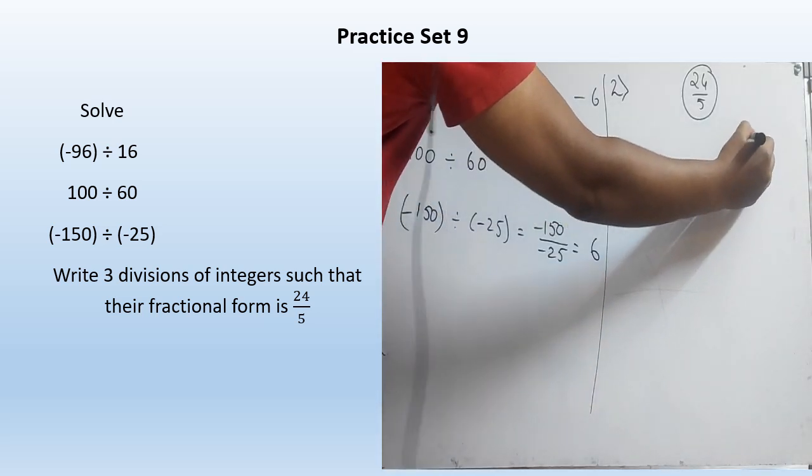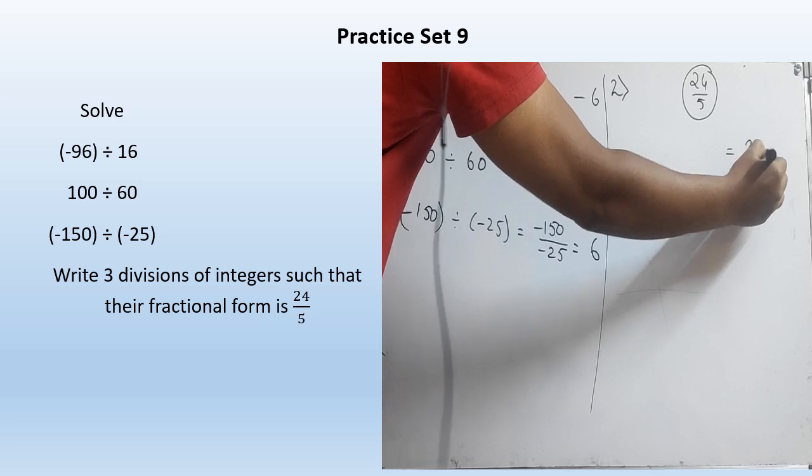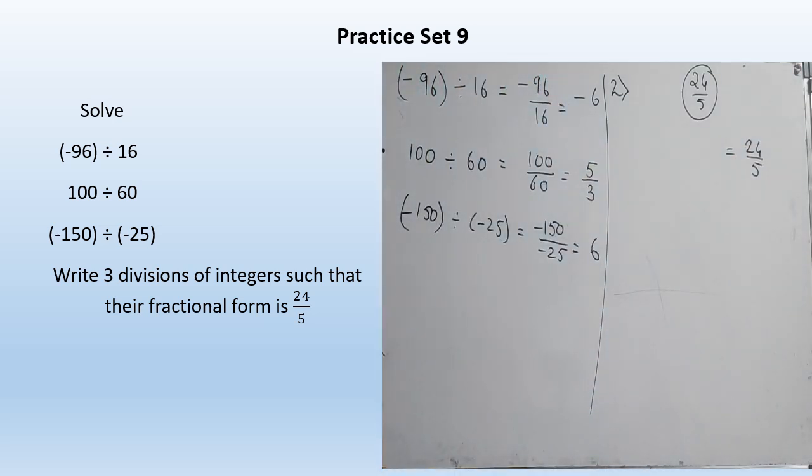We know while dividing, when we take out the common factors, the resultant quotient you get, that is your final answer. Okay. Now look at this part.